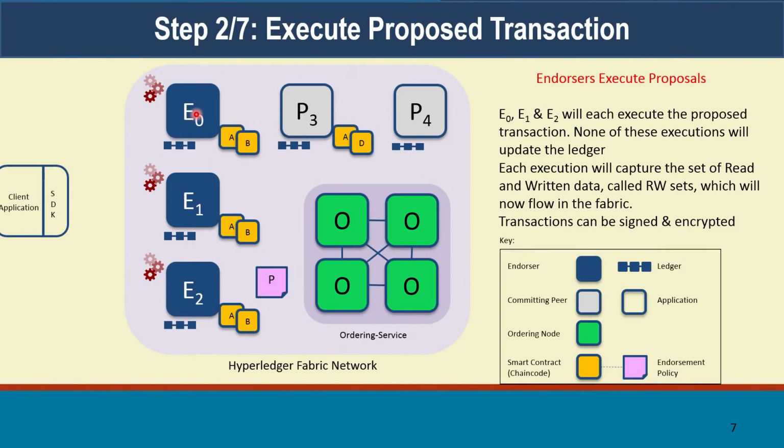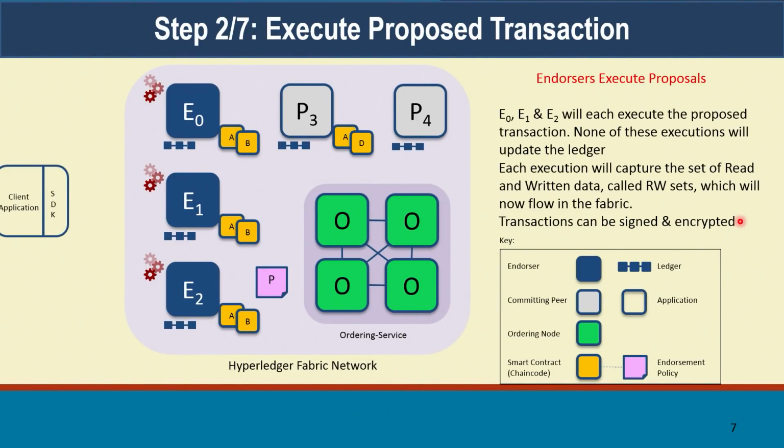Once they capture the read-write set, it is that read-write set that the endorsers are going to sign, saying this is what I see from executing the transaction. These three elements were written, these three elements were read, these four elements were written. That read-write set is collected for that particular transaction, and each endorser will sign on it.